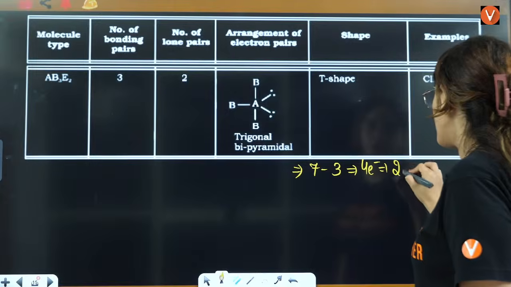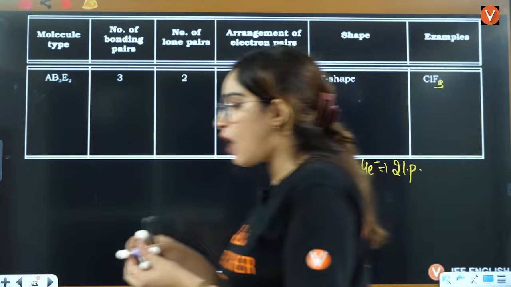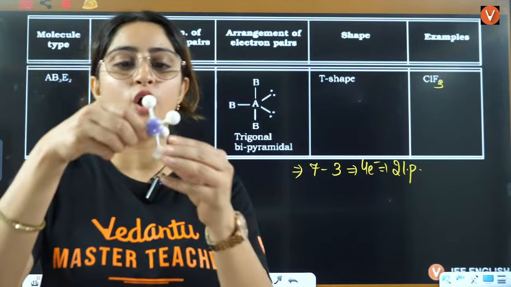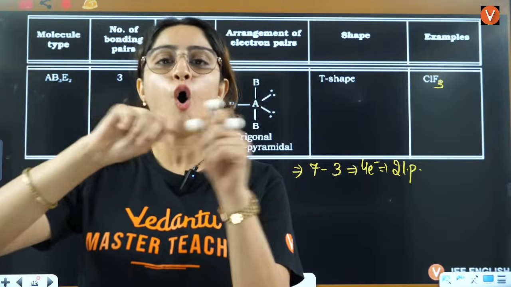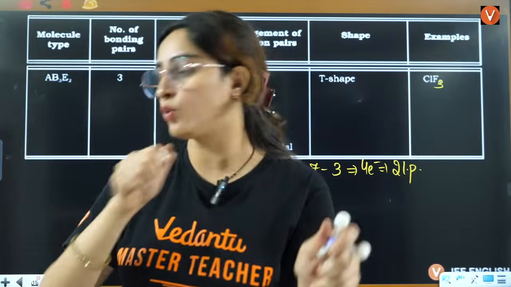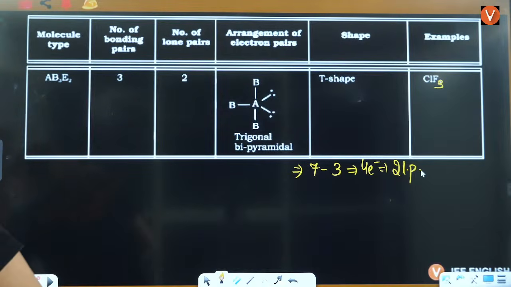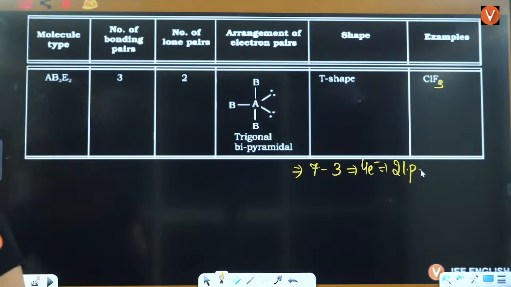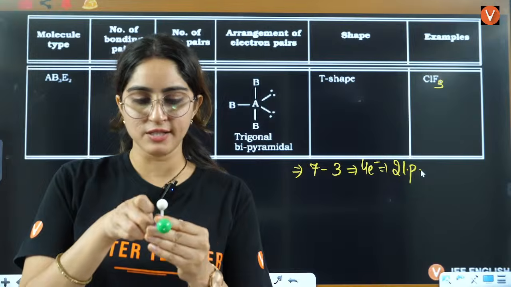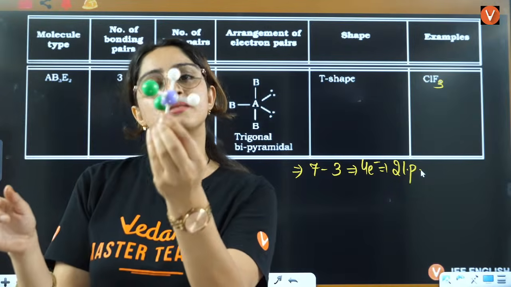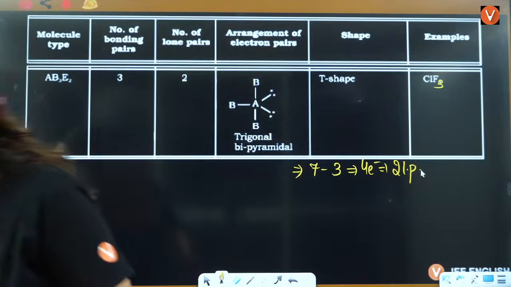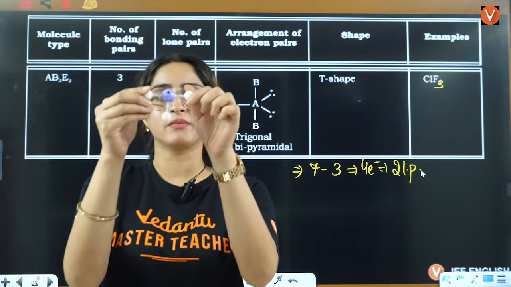Now in this geometry, you will always put the 2 lone pairs on the equatorial positions. So I will have these 2 lone pairs over here on the equatorial positions, right? And can you see, this is the geometry, but when I calculate the shape, the shape is going to be T shape.